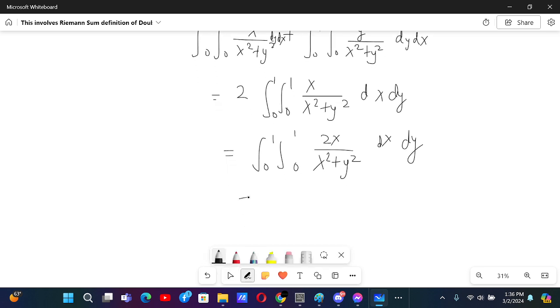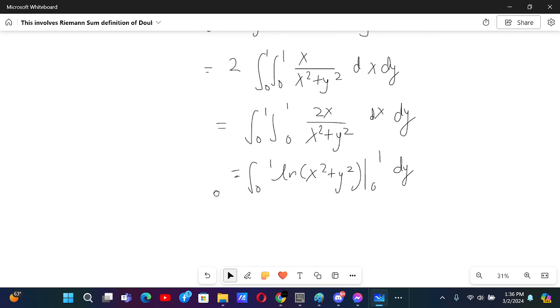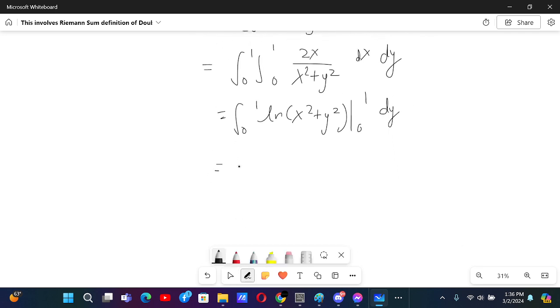So that's why 0 to 1, ln of x square plus y square from 0 to 1, dy. Now this is an easy thing, I guess. 0 to 1, ln of 1 plus x square minus 2 ln of y.